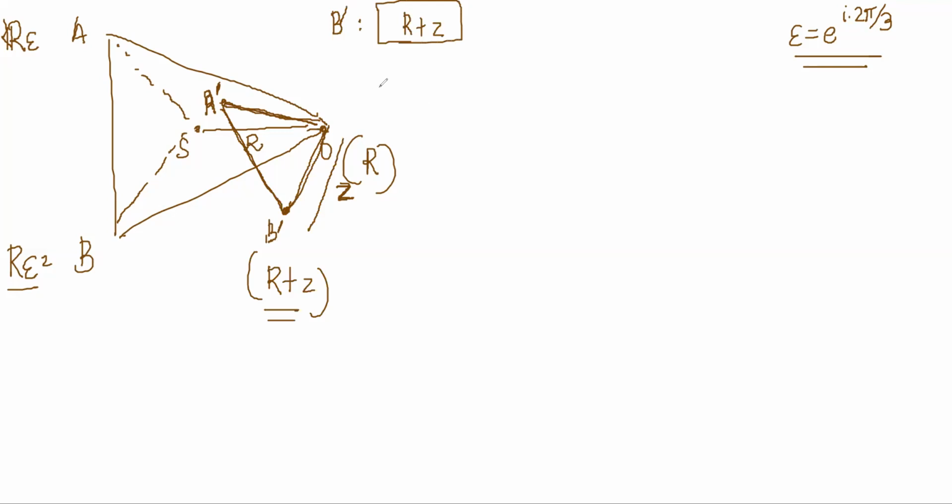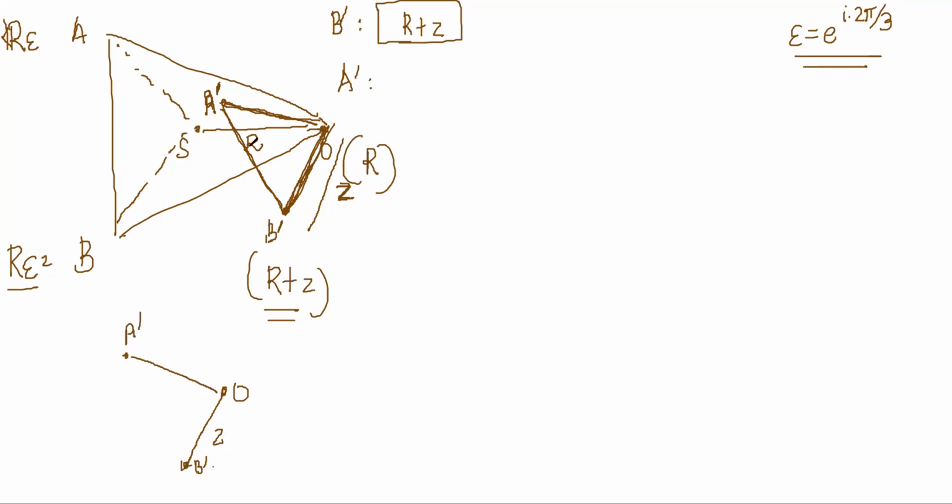Now what will be A dash is what I have to think, right? Now again I will think of rotation, because why did I put R plus Z here? I put R plus Z here because if I take O as the origin, B dash was at Z from O, right? This is the coordinate of B dash.